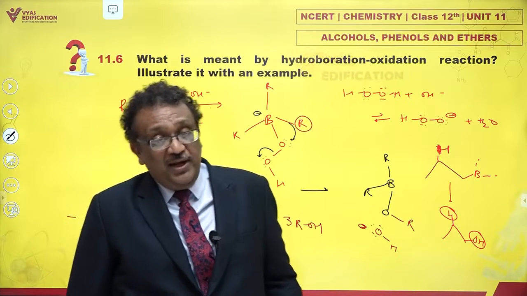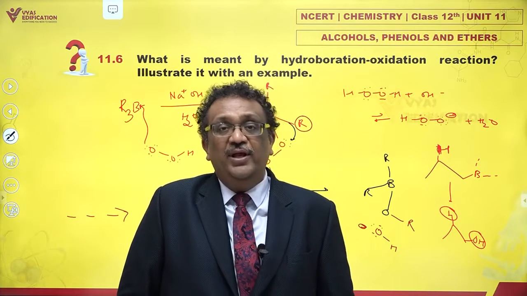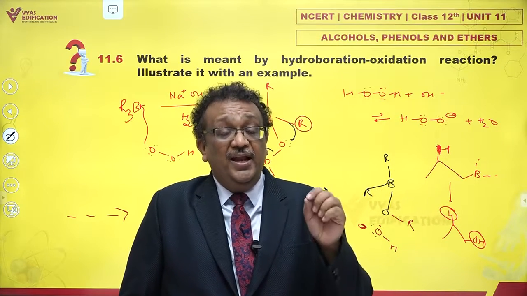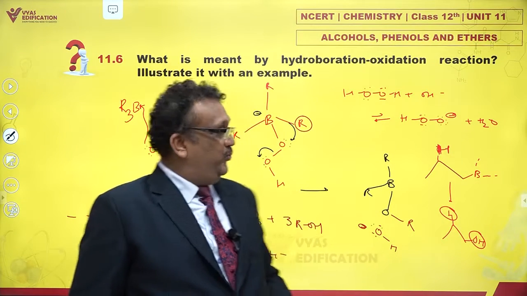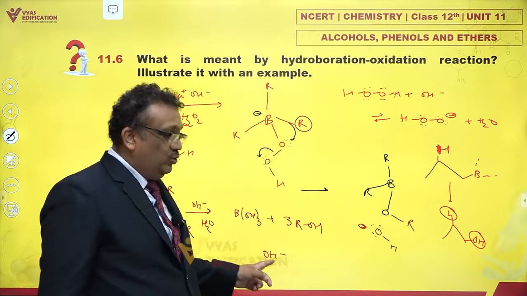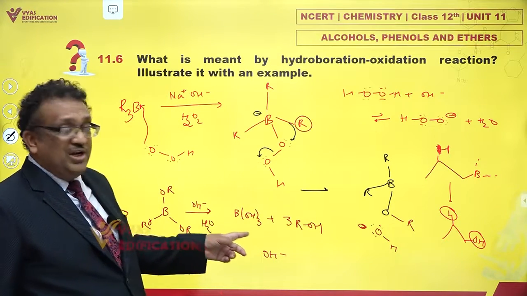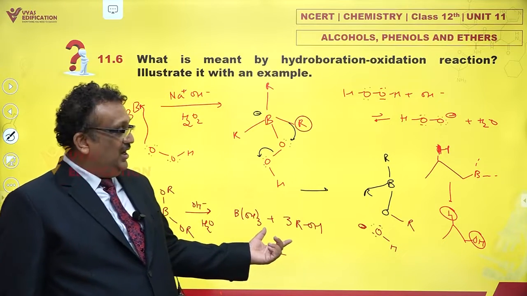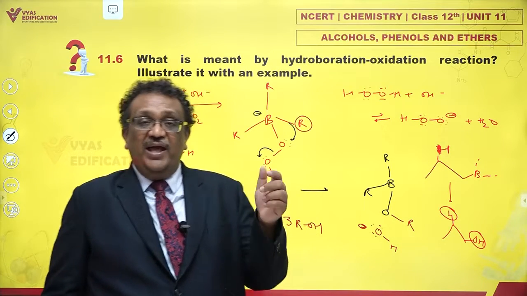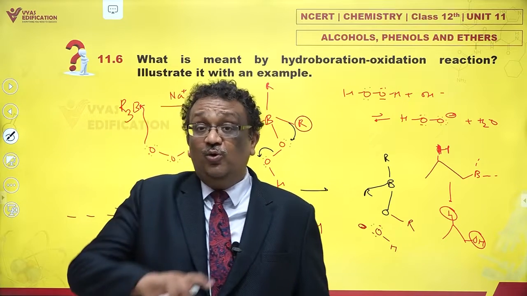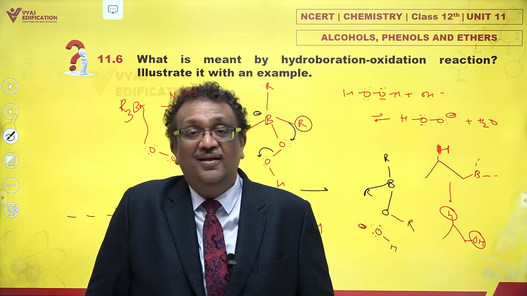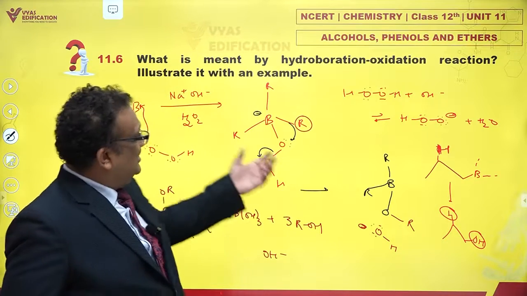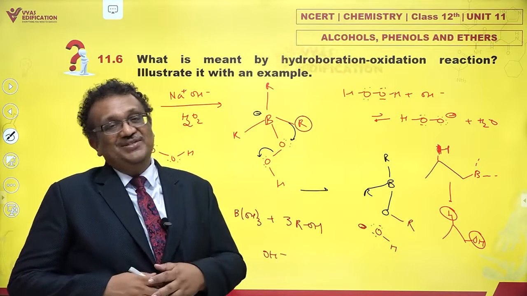When alkyl borane or dialkyl borane or trialkyl borane is treated with NaOH and H2O2, an oxidation reaction happens giving you an alcohol. And this alcohol is as if H and OH have been added to the original alkene or alkyne in anti-Markovnikov fashion. And is this an example? This is a very standard example.